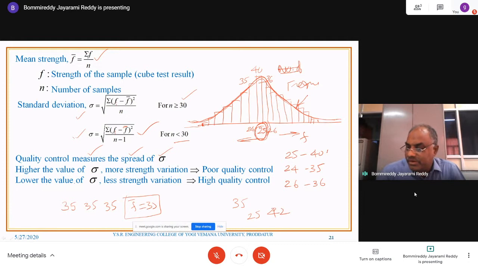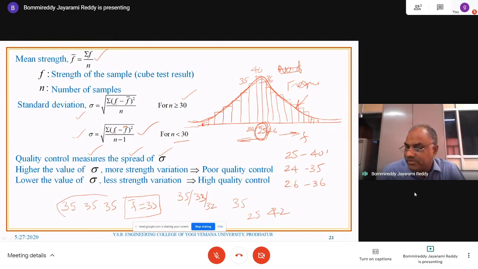Whereas if the value of sigma is lower, that means the variation or deviation is low, then there is less strength variation. When variation is less, an example is say 35, 33, 35, 33, 32. So the variation here is very less.